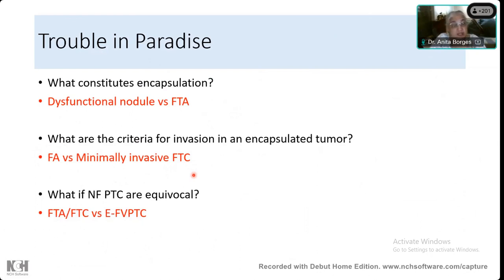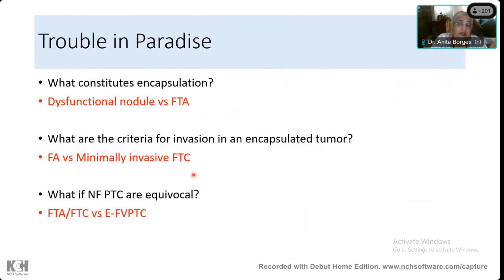And the last thing was about PTC nuclei. Now I've got a follicular pattern lesion. It is nicely encapsulated. And I can see some PTC nuclei, but they are very few and far between. Or only 20% of the tumor has got the PTC nuclei. Or these PTC nuclei have only some features.